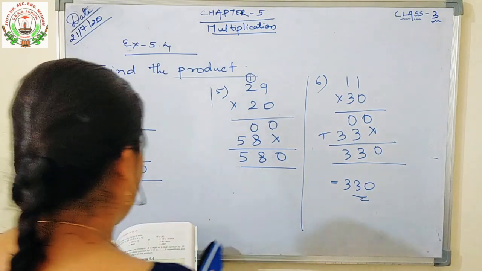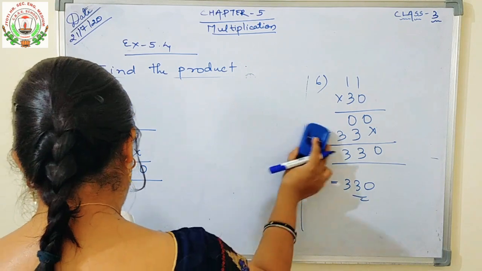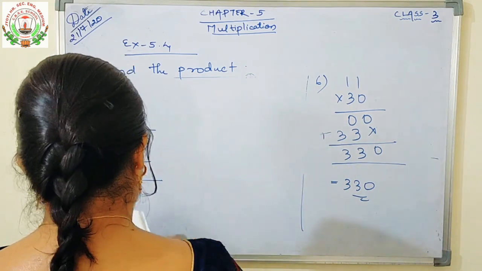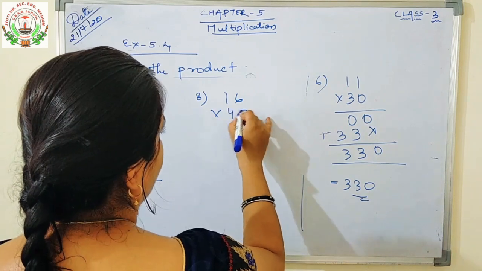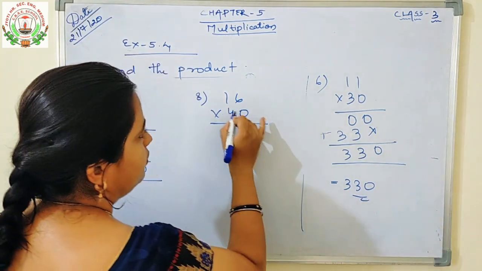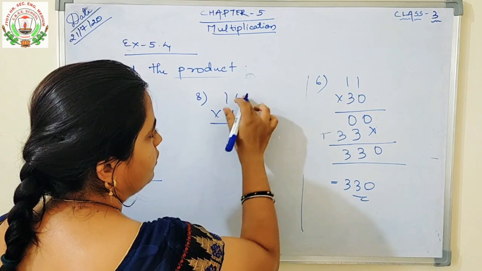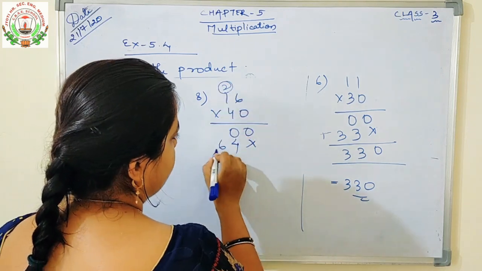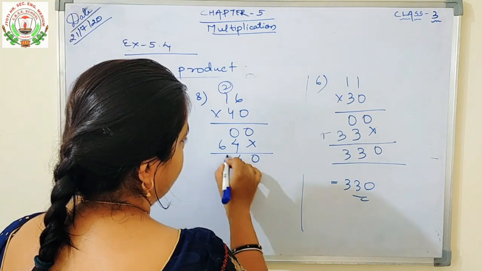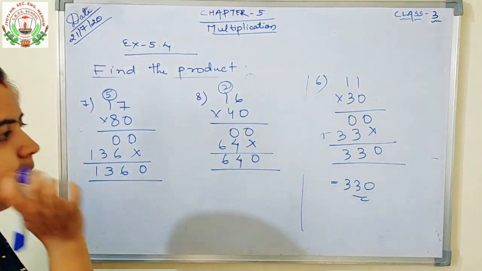Okay. Next is number 8, 16 into 40. 0 6s are 0, 0 1s are 0, 4 6s are 24, 4 carry 2, 4 1s are 4, plus 2 is 6. So the answer is 640.